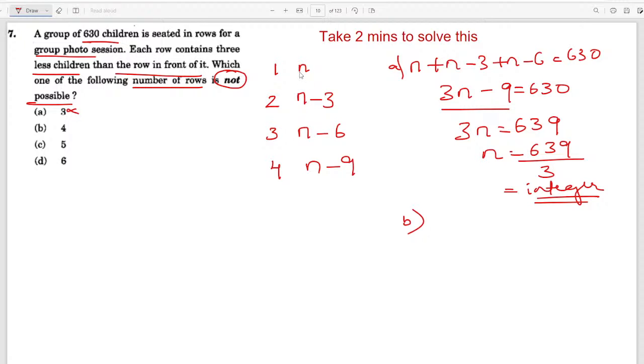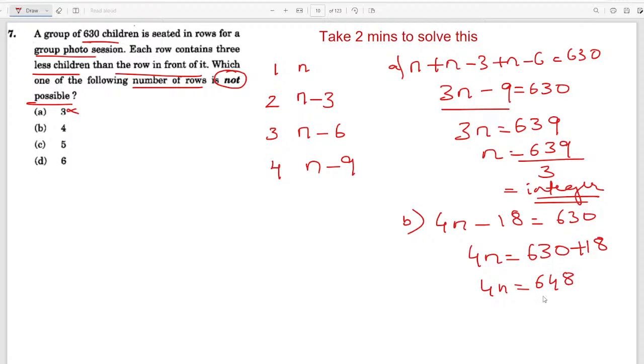If I add this, it will be 4n minus 3, 3 plus 6 is 9, 9 plus 9 is 18, so 4n minus 18 is equal to 630. 4n is equal to 630 plus 18, which is 648. n is equal to 648 by 4.